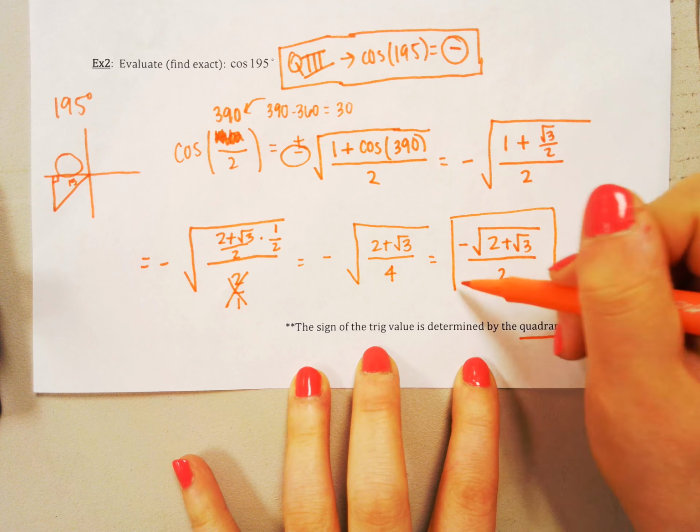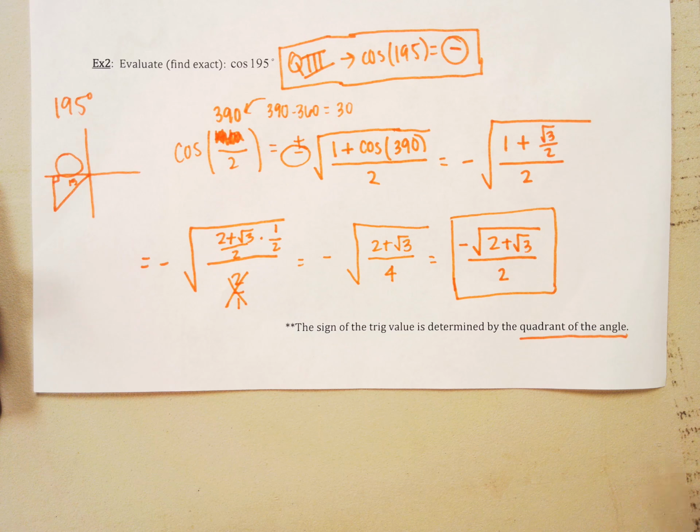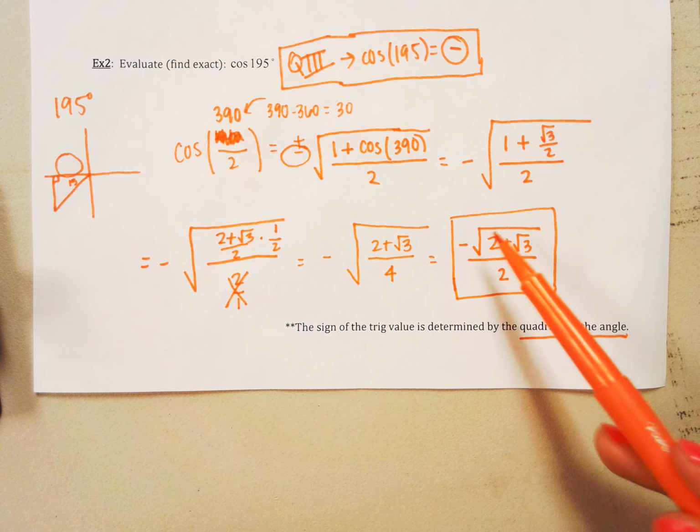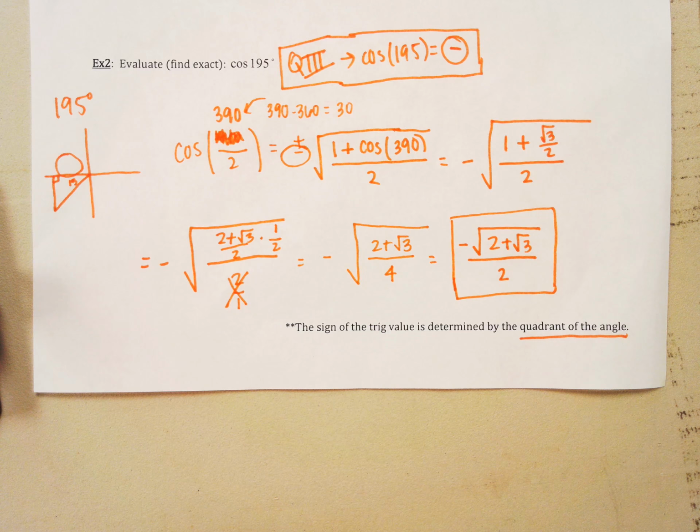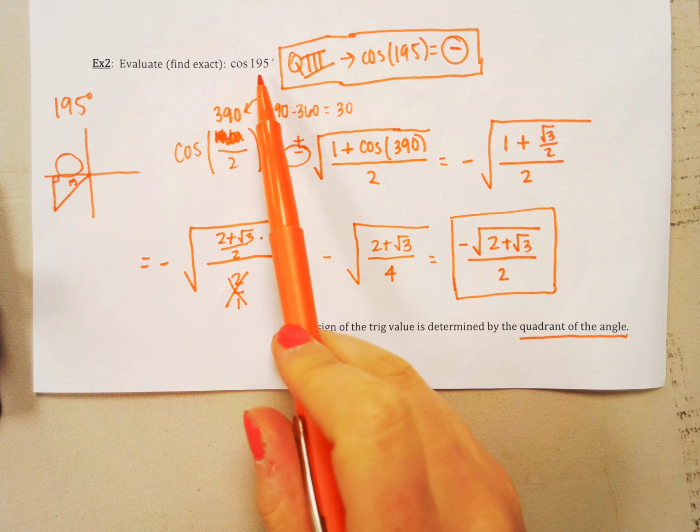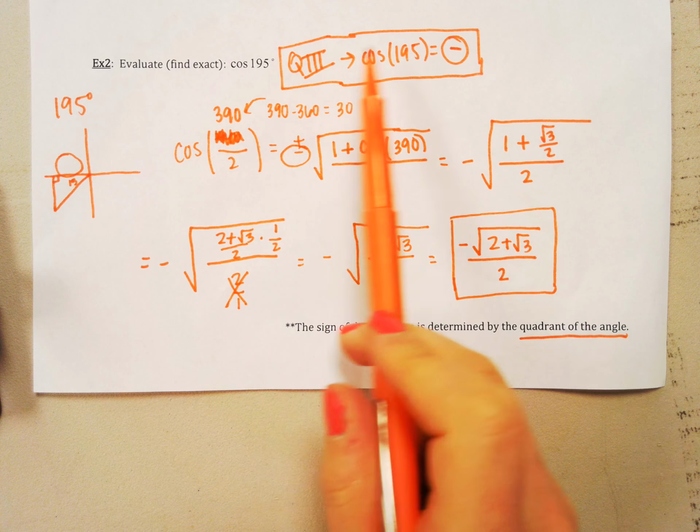And I know it gets a little complicated, or it looks a little bit confusing because we have roots inside roots, which sometimes can be a little bit more complicated to actually simplify. But overall, the steps of actually simplifying this thing are the same as if there was not a square root. The key here again is that this 195 degrees is in quadrant 3, meaning my cosine should be negative.